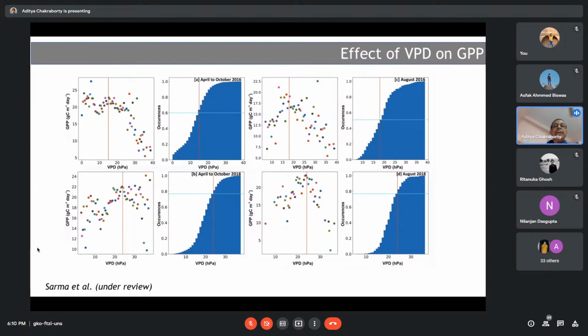What we have observed here is that sometimes this threshold VPD happens earlier in one year and later in another year. In the year when it happens later, the photosynthetic process will be more, and in a year when it happens relatively before time, the photosynthetic activity will be less.